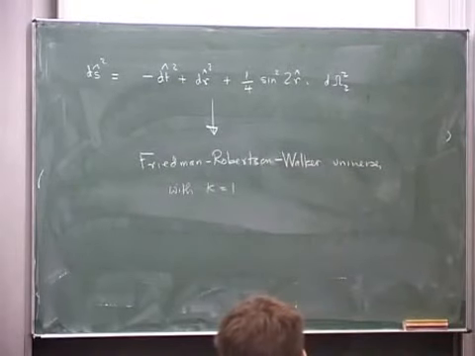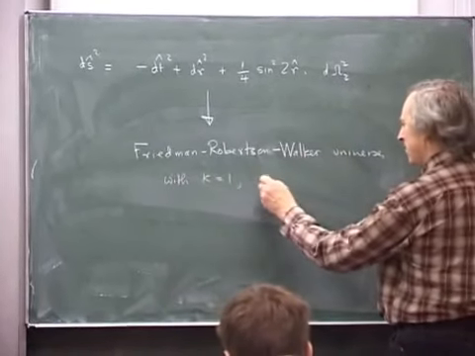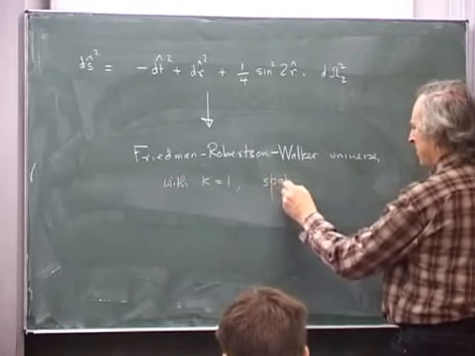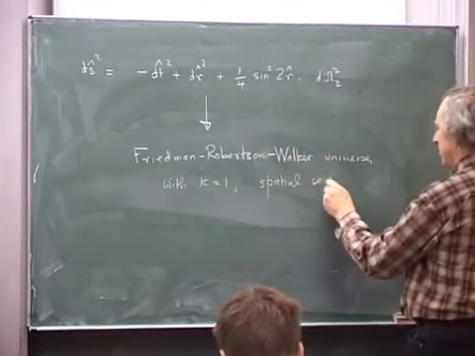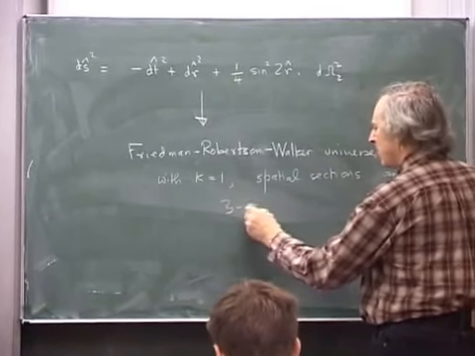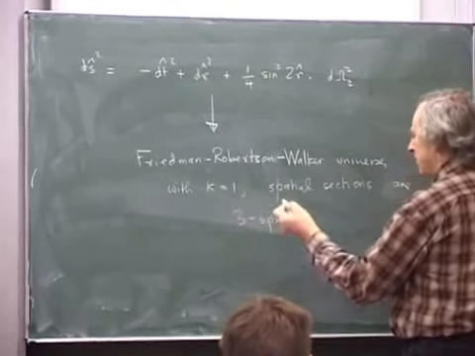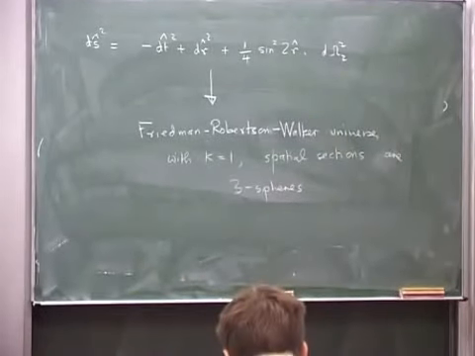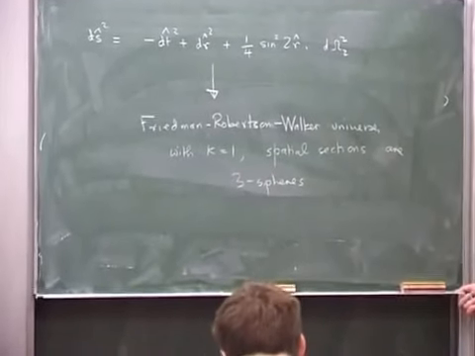Meaning that the spatial sections are 3-spheres. And therefore, as a result of this, you have obviously compactified space.